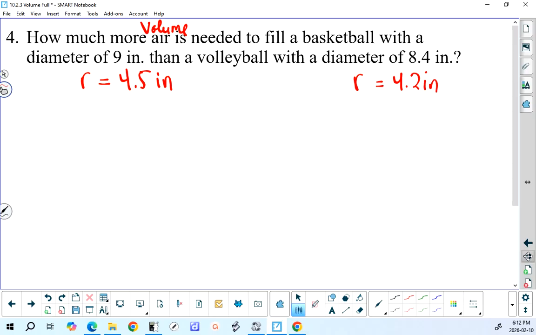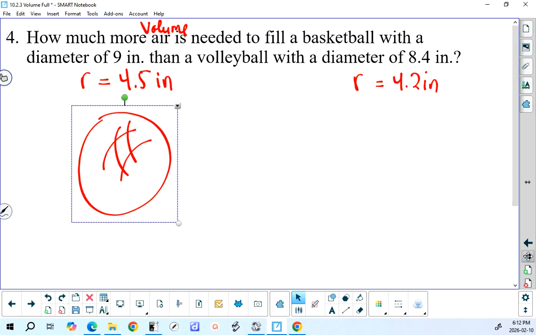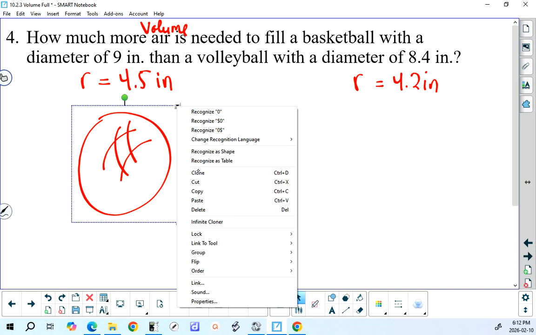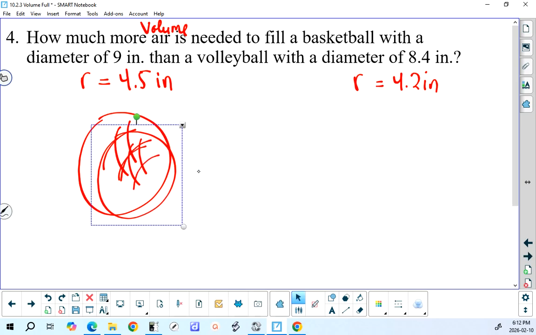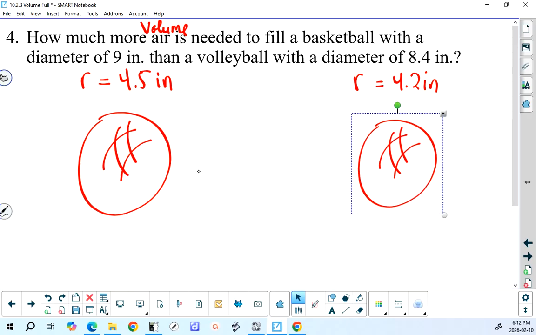The volume of the basketball will be more. I know that a basketball is supposed to be round, and that's a little lopsided. But the basketball will have a slightly larger volume than the volleyball because the basketball is bigger.